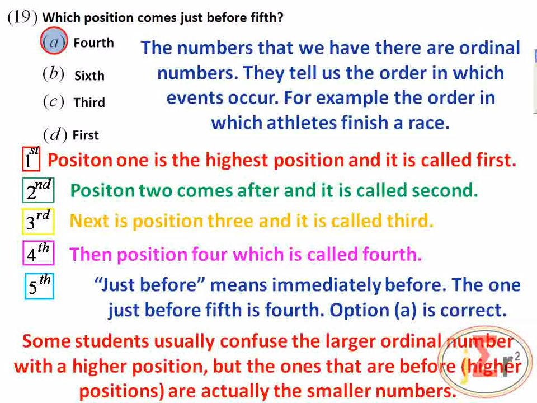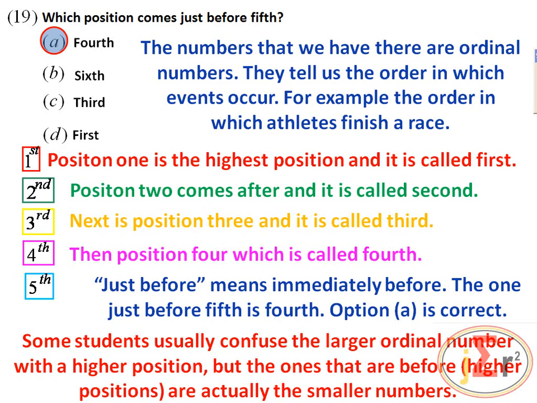And if you finish way back or low down in a race, your ordinal number will be large. So that is how ordinal numbers are represented. And students generally confuse the ordinal numbers because they are saying if the ordinal position is high, then the number is very large. Large numbers belong to the lower positions.